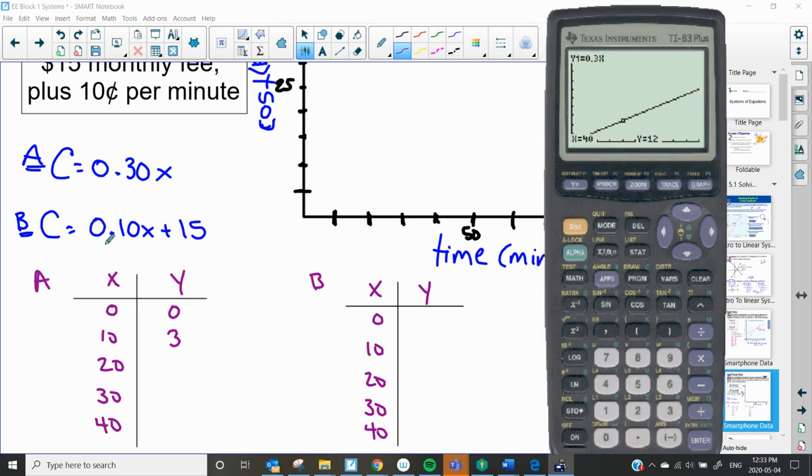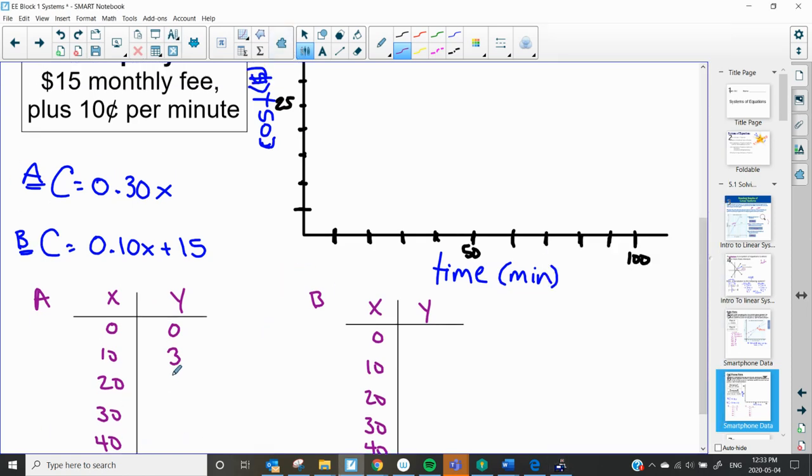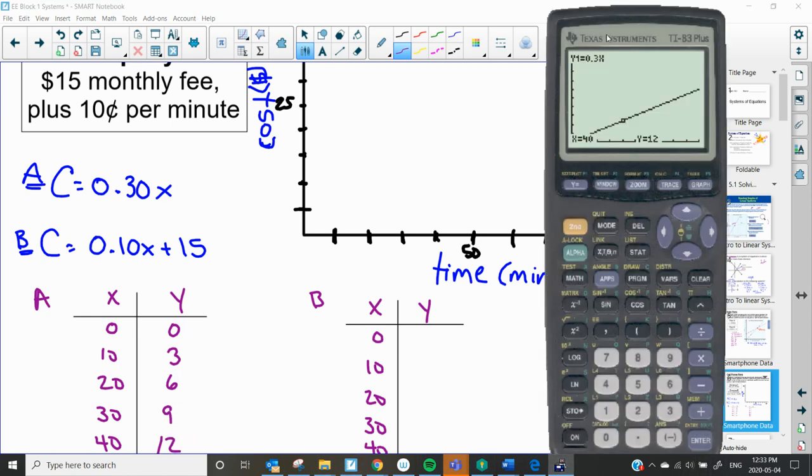And 40 is at 12. So again, I'm going into my calculator, I'm typing trace, and then I type the number I want. Once I've hit trace once, I don't have to keep hitting trace unless I've changed a different command. So I'm just getting what those values are.